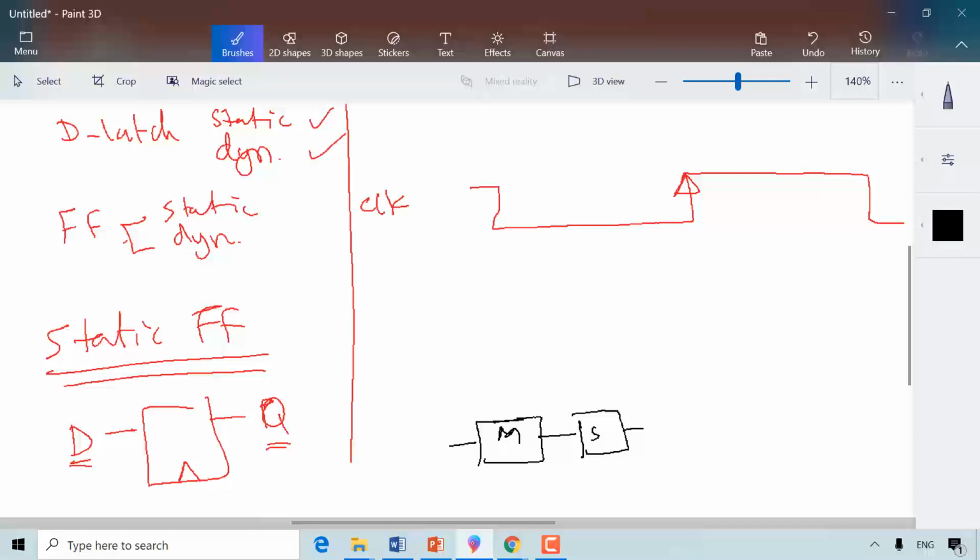Here is my master latch, and here is my slave latch. When the clock is low, the master latch will write the data, meaning this feedback is open, and we are writing D to the Q. So this is a write operation.